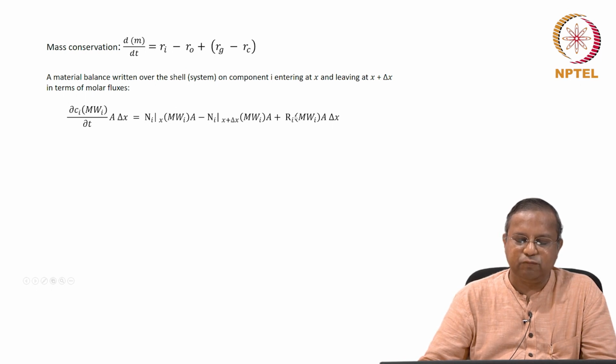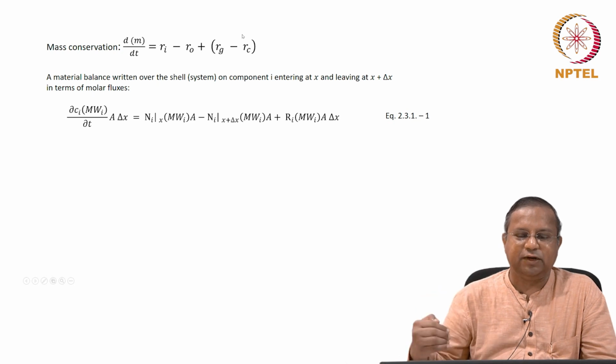This is in terms of moles, typically we write it in terms of moles, our reaction rates. Therefore, we need to multiply it by the molecular mass times the volume, because this rate is normalized with respect to volume, and therefore, we need to multiply it by the volume to get mass per time. Okay.